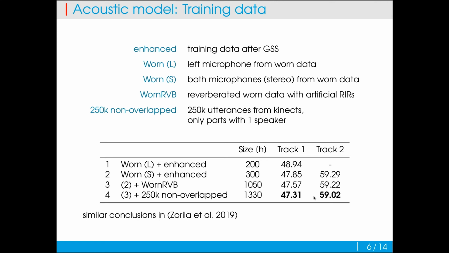However, our conclusion from these results was that WPE plus enhanced is already enough, because looking at the sizes of the datasets, there is quite a small improvement for the price of making the data much larger. These conclusions are more or less similar to what was published by people from Toshiba in 2019.